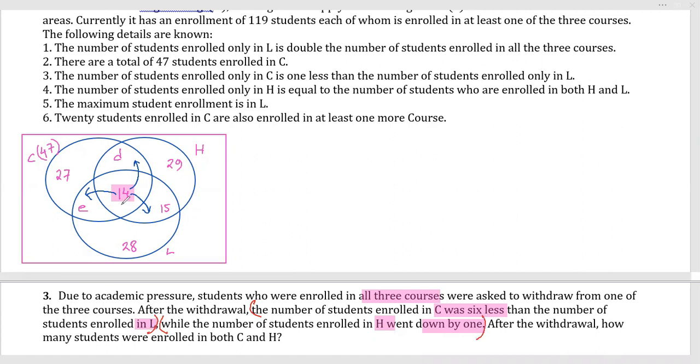If you think of it, the people going to the D segment, or the people going to this 15 segment, it is not a reduction of the number of H, but the reduction of H is the people going to this E segment. And it has said that one reduction is happening. So definitely from here 1 will shift. So E plus 1 is the new data in this zone, as 1 is coming down.